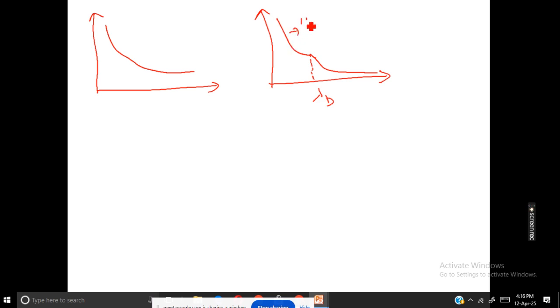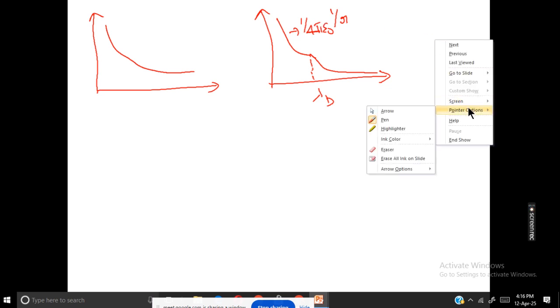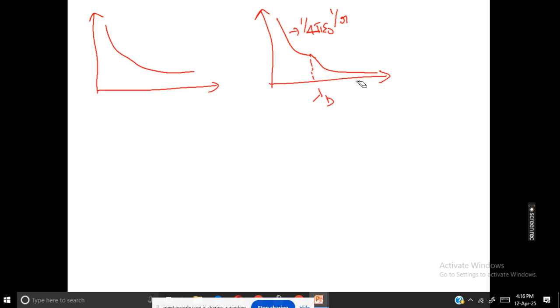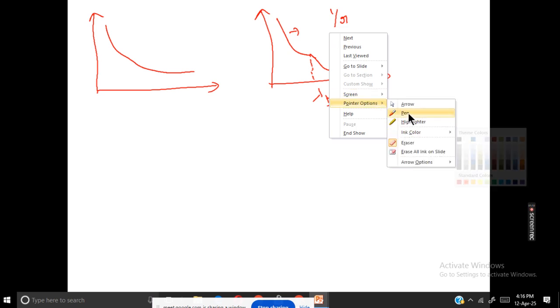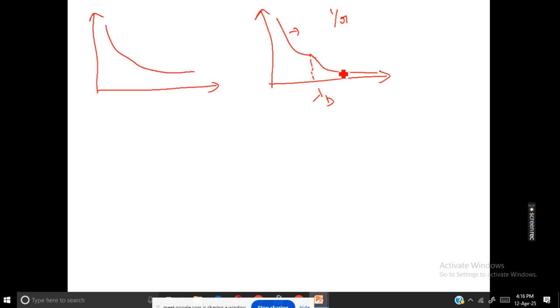This is the 1 by 4 pi epsilon 0, this is the 1 by r term, which decays as 1 by r. Here in this case, it will be decaying by e raised to minus r by lambda d.